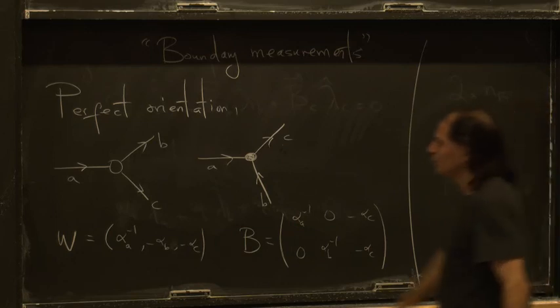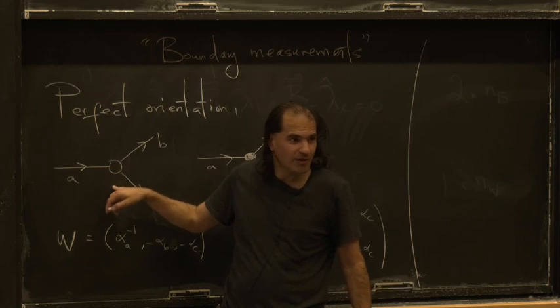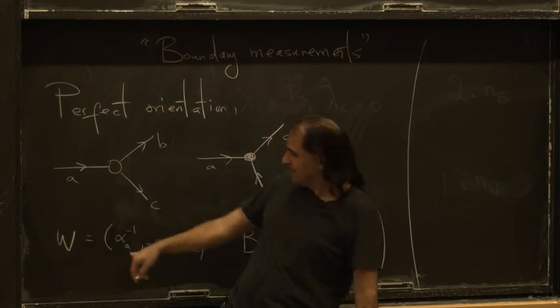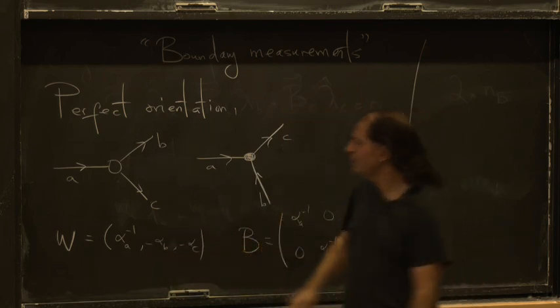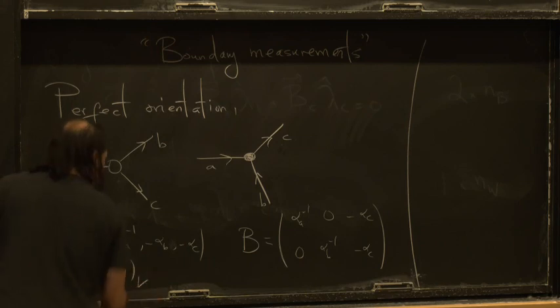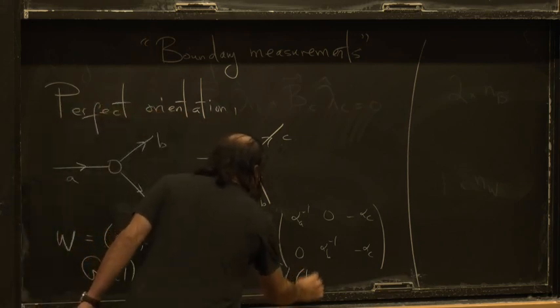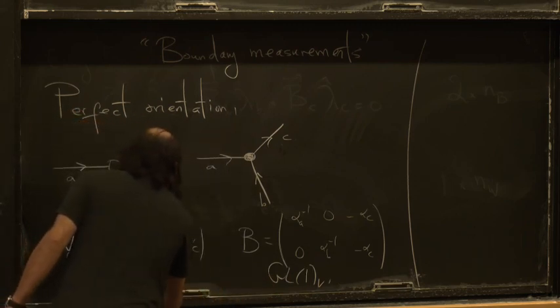Now what I've done is introduce a bunch of extra GL1s on each vertex. For example, I can use the GL1 on the vertex to set alpha A to 1 if I like, or to do anything I want with these. But I'm introducing some extra GL1 associated with the vertex, with the black vertex and the white vertex.